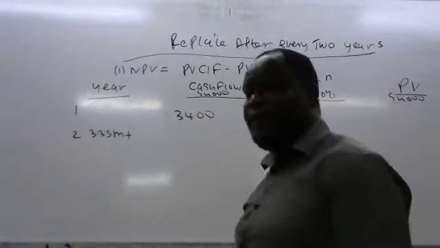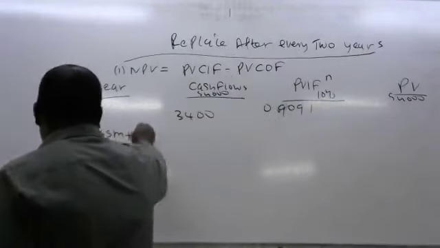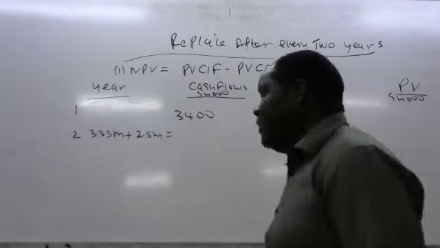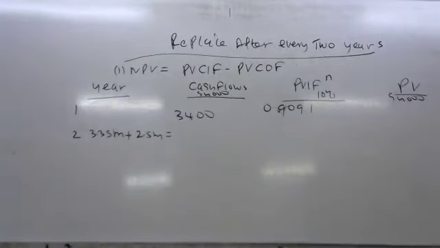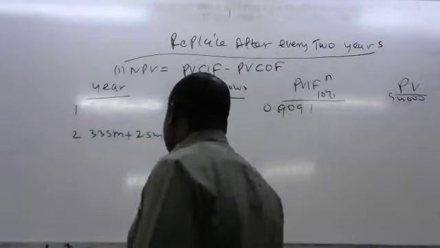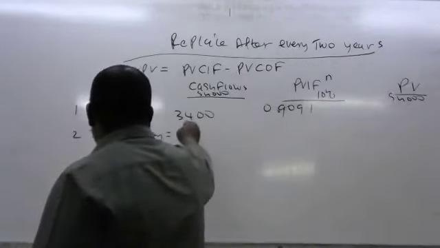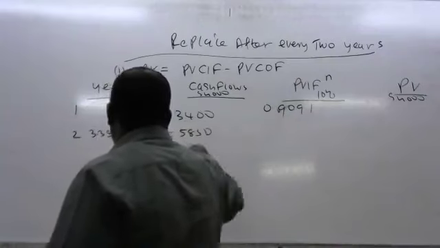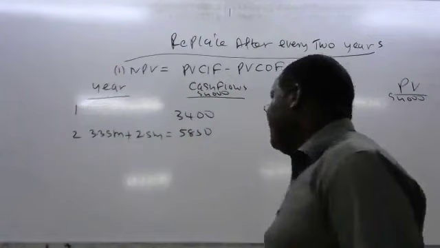So the resale value for the 2-year-old machine is 2.5. So we add them together now to give us the cash flows for year 2 in case of a 2-year-old machine. So this one should be 5.85.